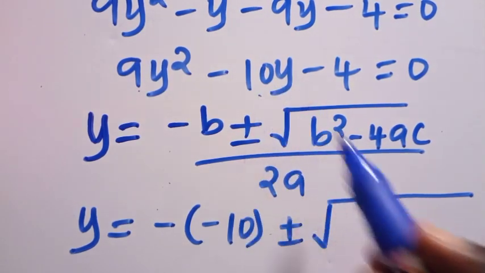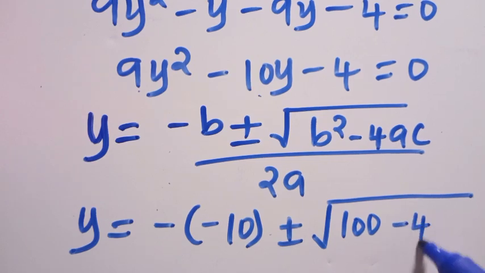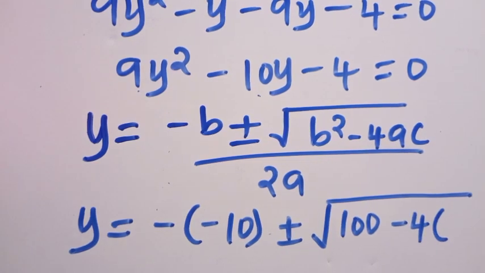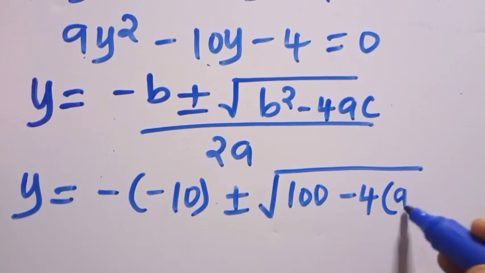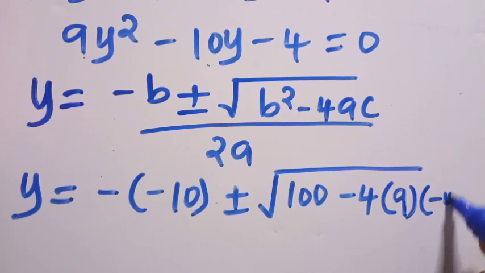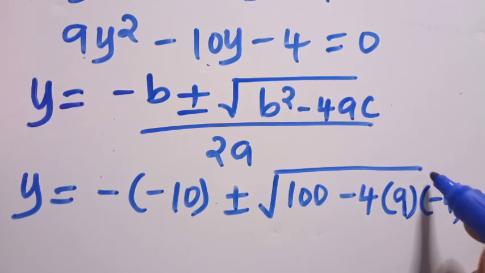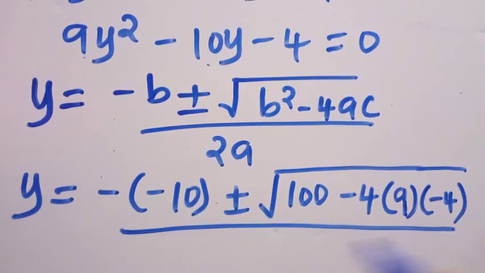Negative 10 squared is 100, then minus 4 into a, which is 9, into c, which is negative 4, then close the bracket that way. Then all over 2a, our a is 9.